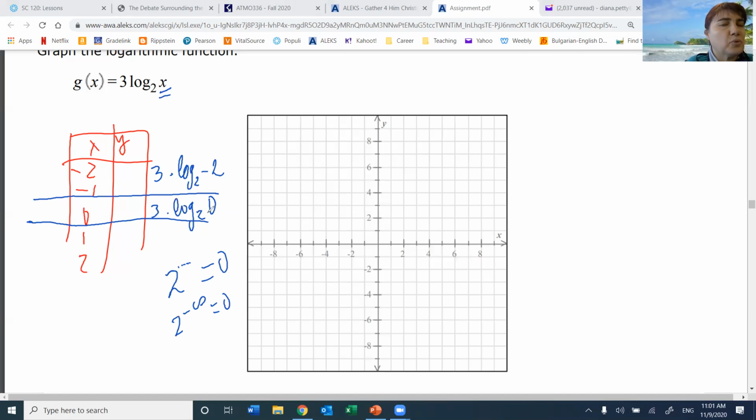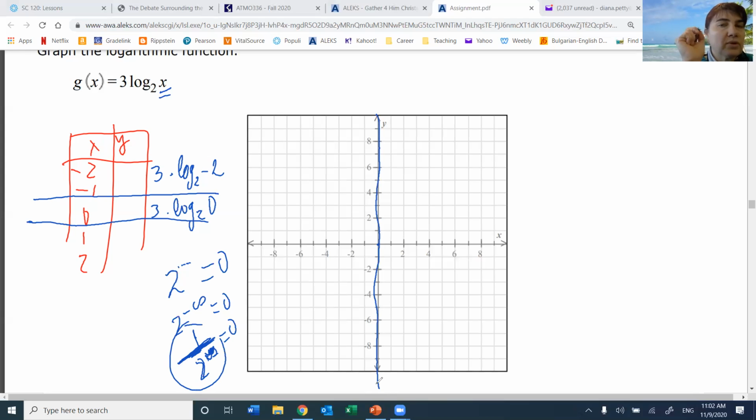The closer you get to x equals 0 right here, the larger the value will become, because 1 over 2 to the infinity will give you 0. You need bigger and bigger numbers on the 2, and the bigger the denominator, the smaller the whole thing. So the asymptote would be this line right here.